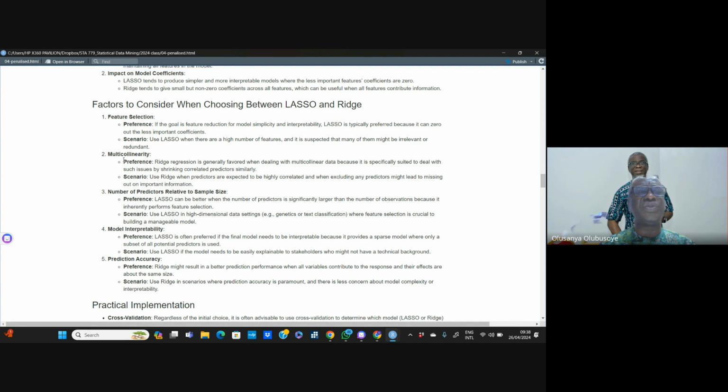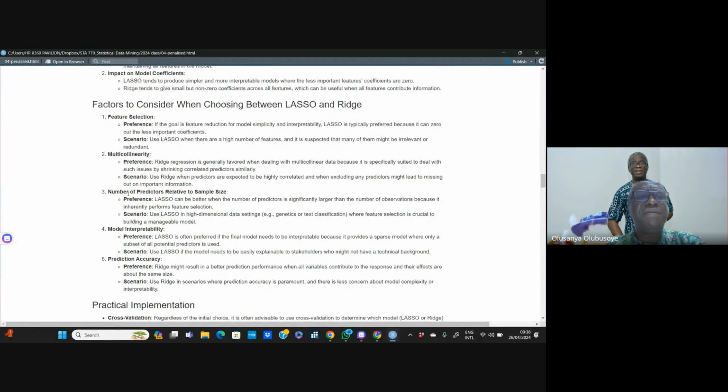If you have issues with multicollinearity, your preference could be Ridge regression. It will deal with the multicollinearity, and you'll still be able to measure the impact of your variables, because the variables will still be there, only that the coefficients will have been shrunk.